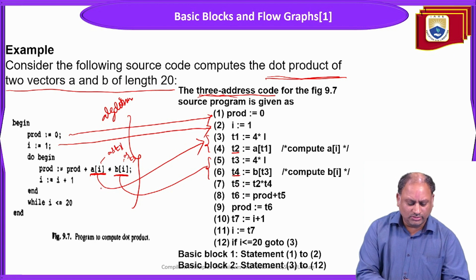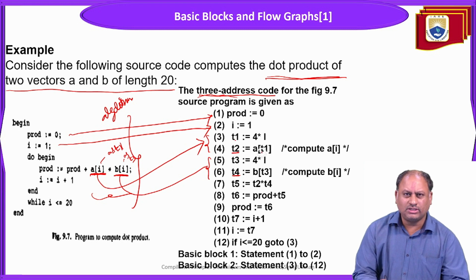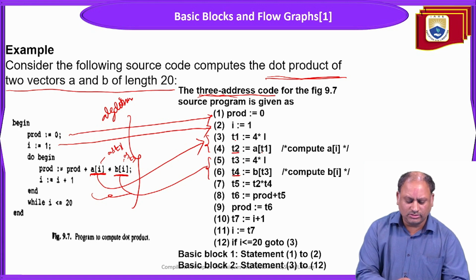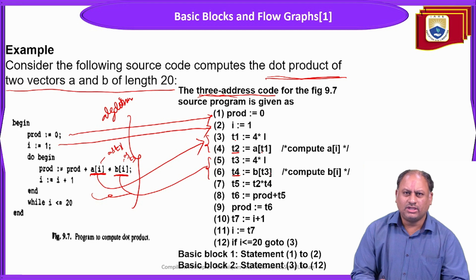Now we are going to apply the product, that multiplication, for both the cases. Previously we individually computed separate three-address statements: index as T1 and A of T1, whose result is assigned to T2, and in the second, B index is stored as T3 and B of T3 is calculated, and the result is stored in T4.